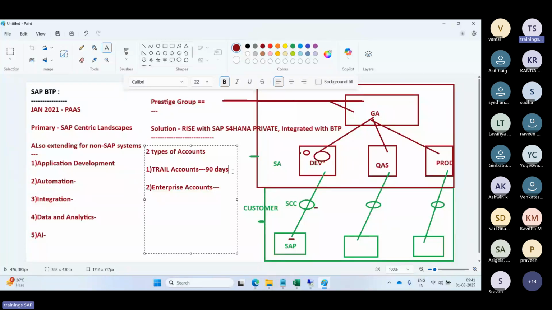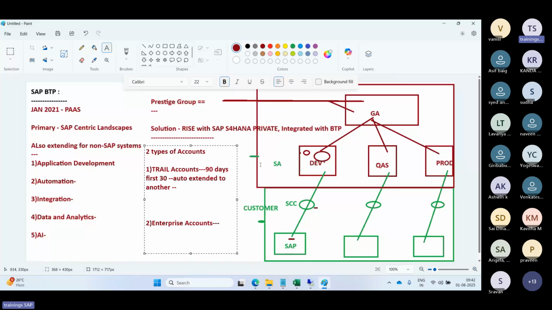If I talk more about the trial accounts, what exactly does this 90 days mean? The trial period is divided into two intervals. In the first 30 days, you have to regularly log into the trial account, then it is auto-extended by another 60 days, total 90 days.